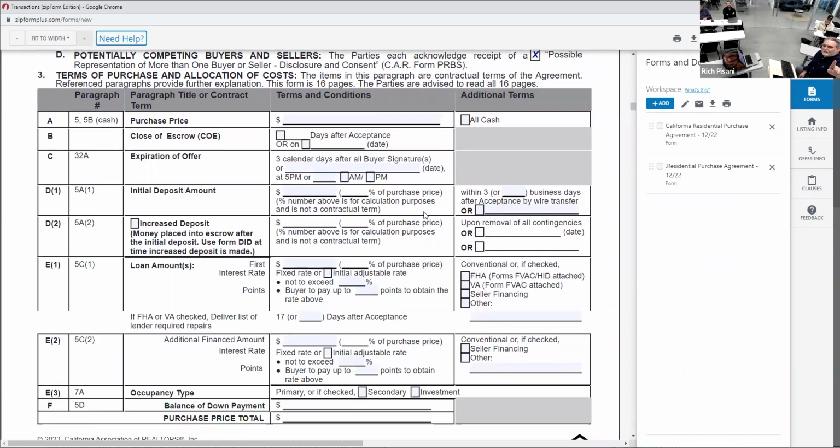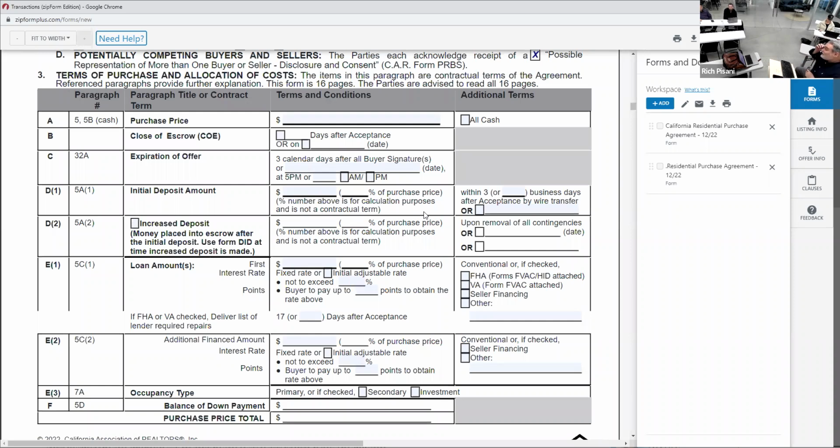So item 3, these are the terms and the allocation of costs. You're going to see when people refer to items on this page, they will say item 3A or item 3D2. So that's how that first column is the item number and letter. The second column there, it says paragraph number.